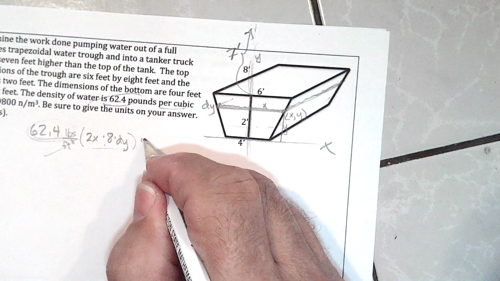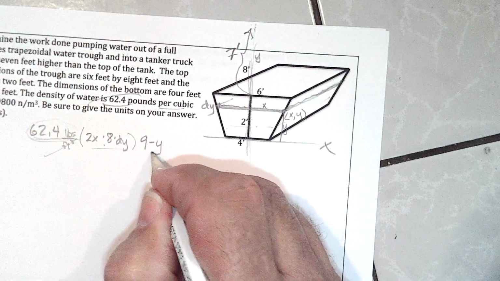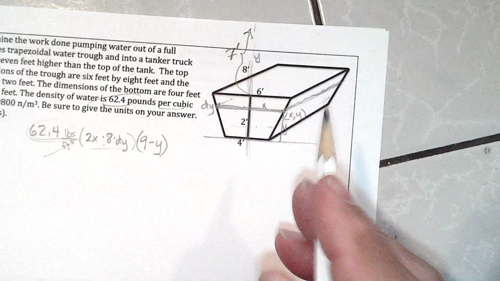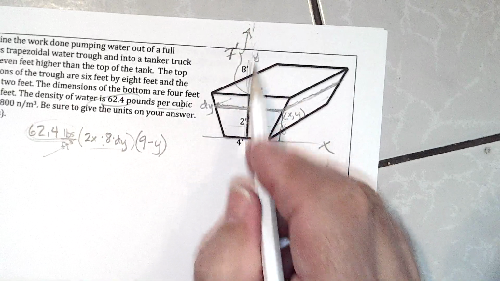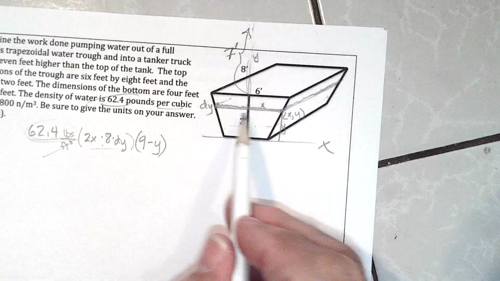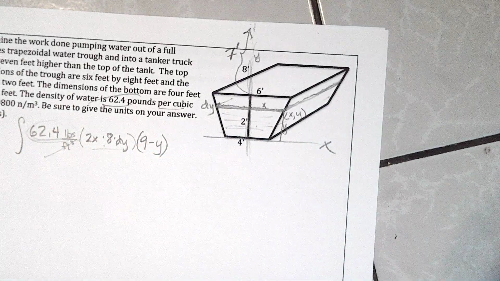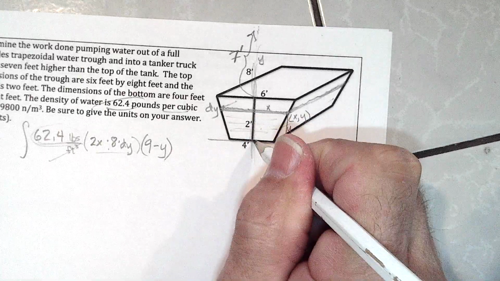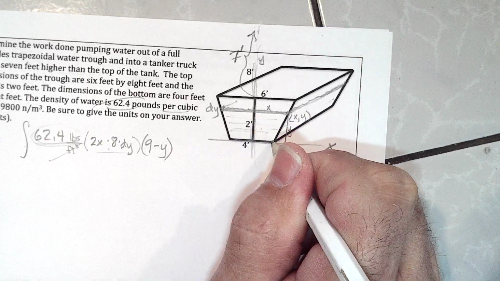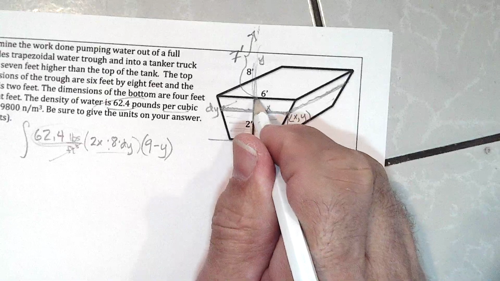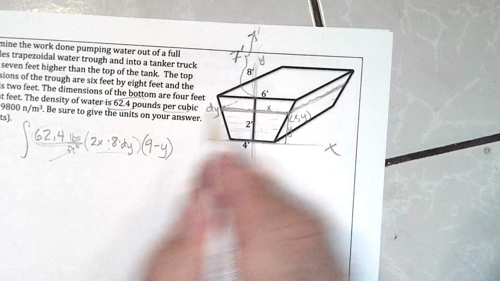I'm only lifting it 9 minus y feet, not the whole 9, just from where it's at up. And I have to do that for all the slices, so I'm going to add this up for all the slices which appear to be between 0 in the y and 2 in the y.